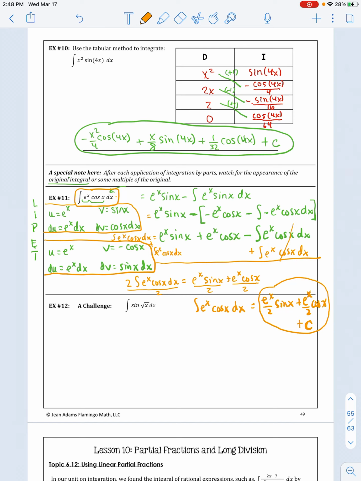Now, number 12, it says challenge. And I think our challenge, we're going to first just try to make our u that square root of x and see what happens. Our du is going to be 1 over 2 times the square root of x dx.